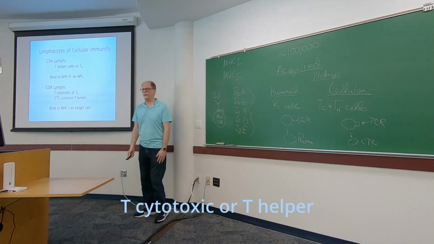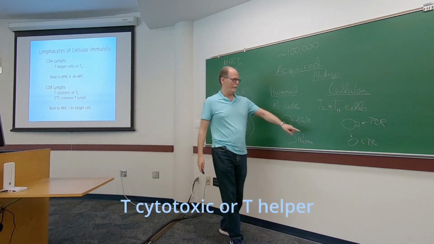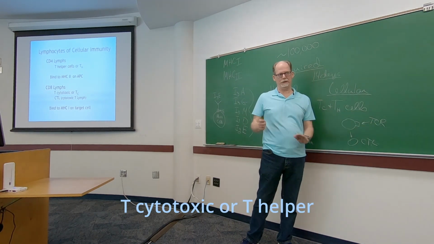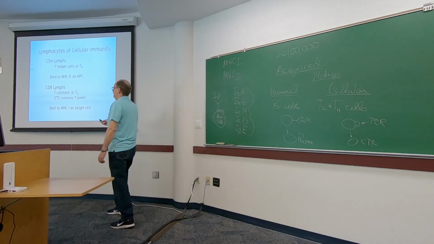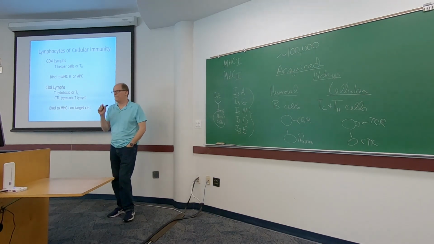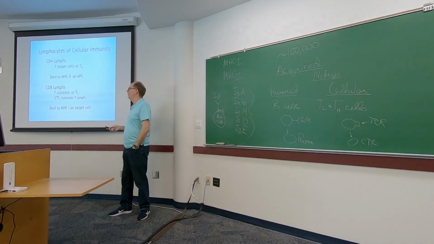If you're a T helper or a T cytotoxic, both of them have the T cell receptors. That's what makes them the T cell. What makes them one or the other is that CD8 is a marker found on lymphocytes that make them. Or CD4 is another marker.